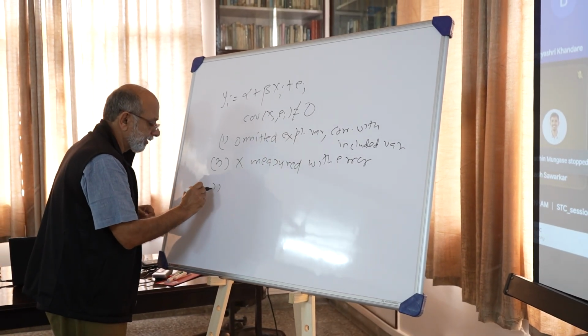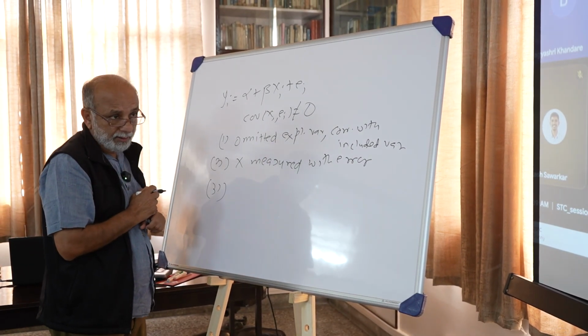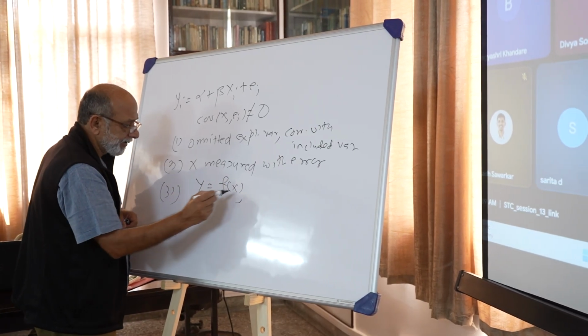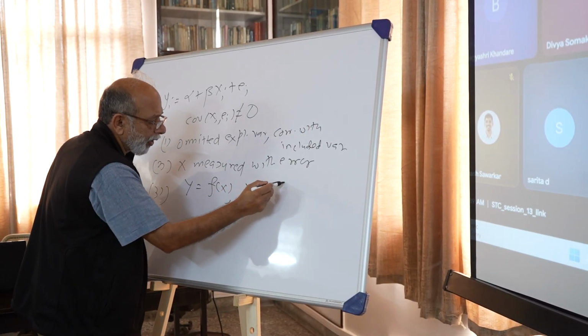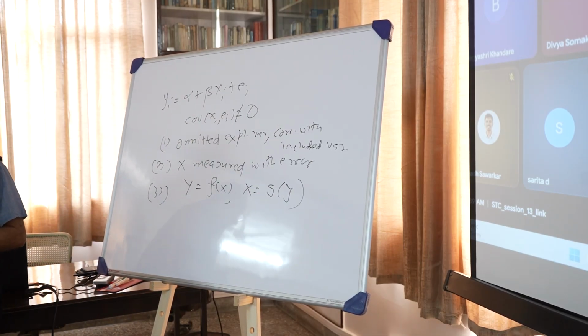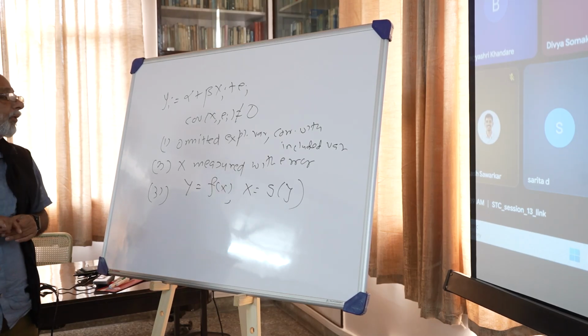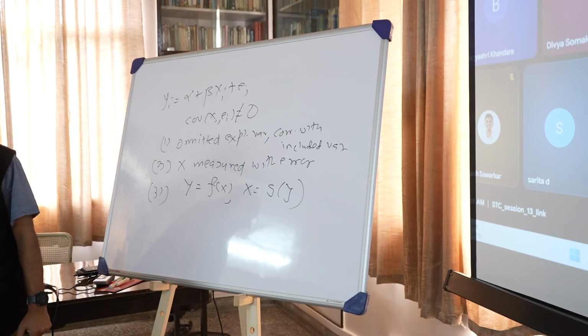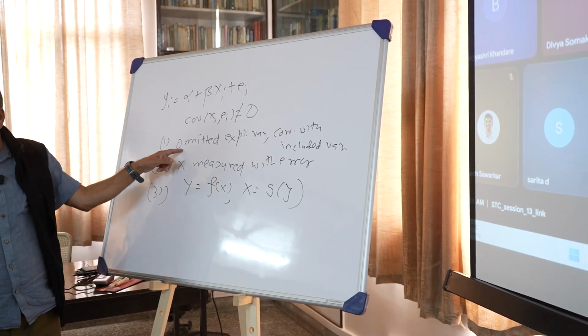And third, y is a function of x and x is also a function of y. Y is a function of x, but x is also a function of y. These are three situations where you get correlations between x and e. You already know this.